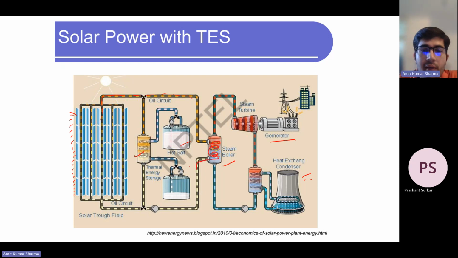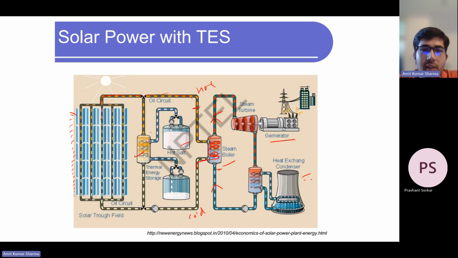Here we have water going from here to here. This water is cold water, and this is steam, and this is hot, this is cold. This fluid has high energy.